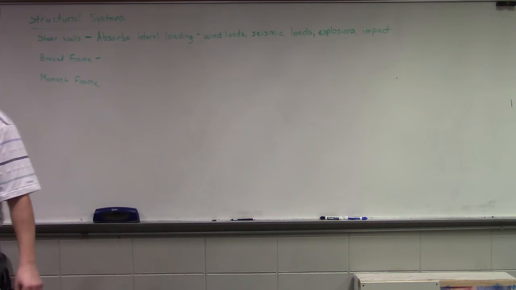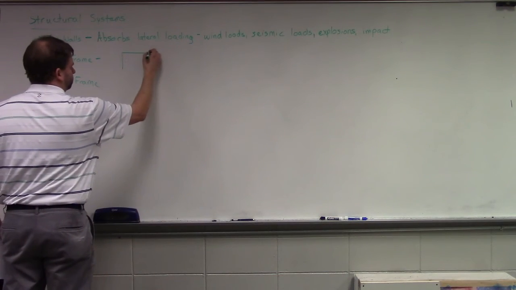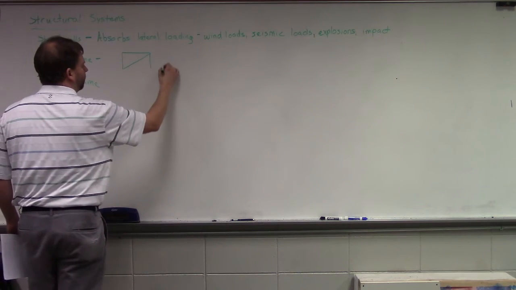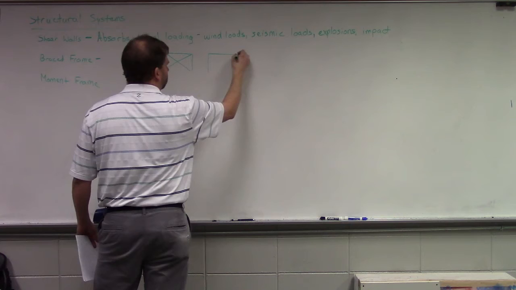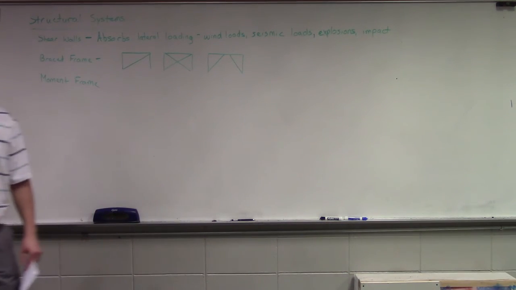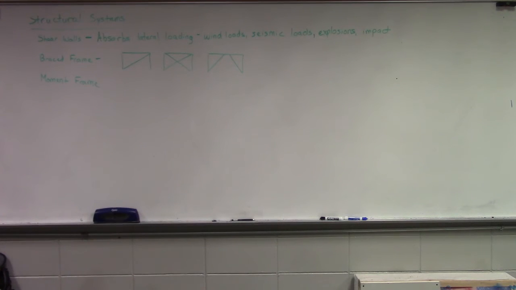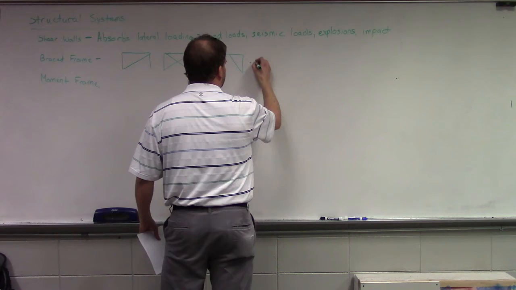What about a braced frame? How's our braced frame going to be different than our shear wall? It's got braces. Maybe we're dealing with diagonal bracing, some sort of cross bracing, or some sort of eccentric bracing, right? Again, we're absorbing lateral loading.